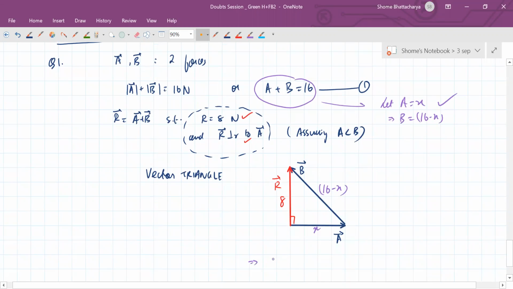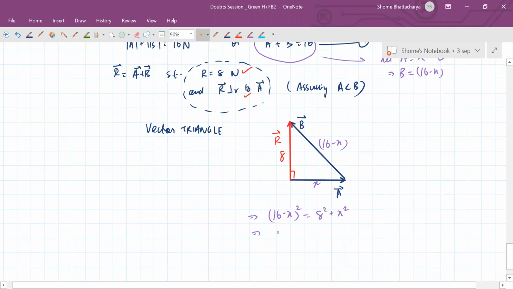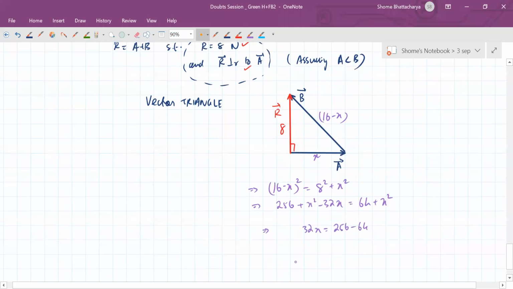Okay, so therefore 16 minus X square is 8 square plus X square. So X square cancels out. 32X becomes 256 minus 64. So X becomes, this will be how much?